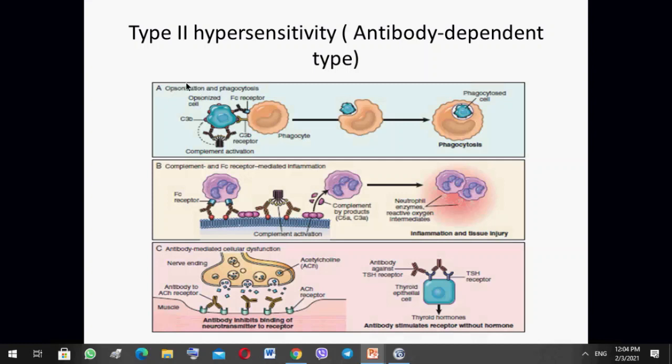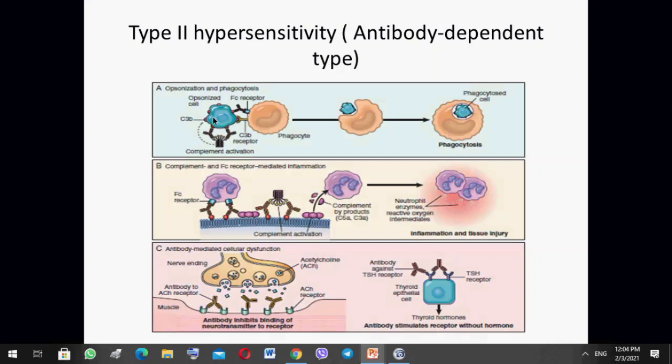So after opsonization of certain virus or bacteria or even some normal cells, there will be phagocytosis and death of this tissue by the phagocytic cells. So this process of opsonization is triggered by the antibody.